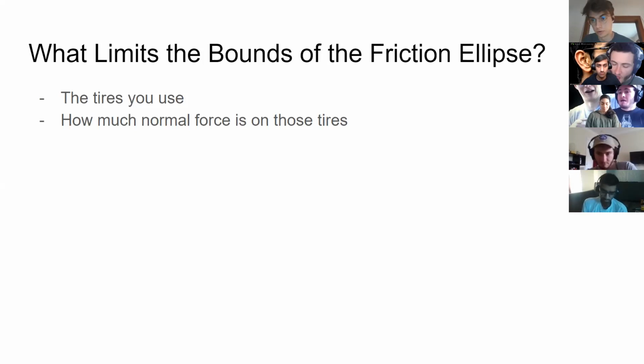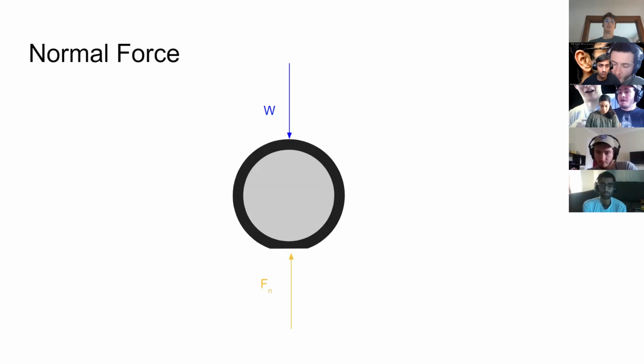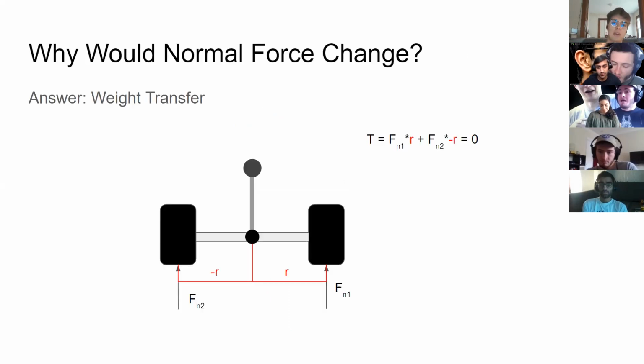And now the other thing is normal force. A quick recap of what normal force means: if you have some weight W on your tire and your tire is resting on the ground, the ground will react that weight with a normal force. So you can just imagine it's how much force is going into squeezing your tire onto the ground.